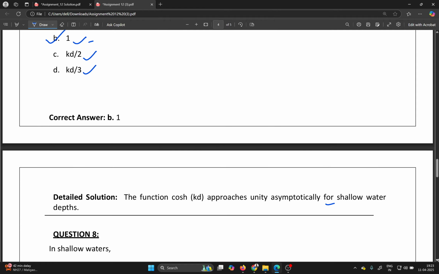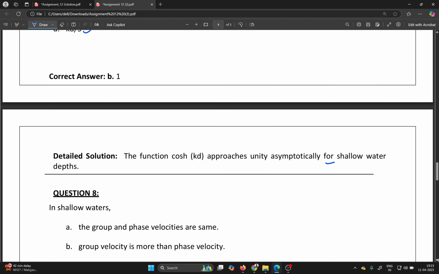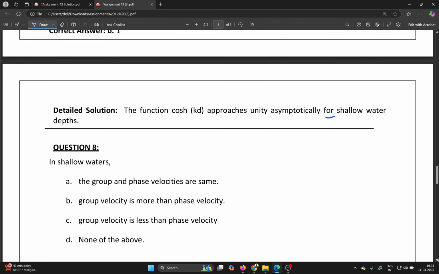Next question. In shallow water, the group and phase velocity are the same. The group velocity is more than phase velocity. The group velocity is less than phase velocity. None of the above. Which option will be correct for question number 8?